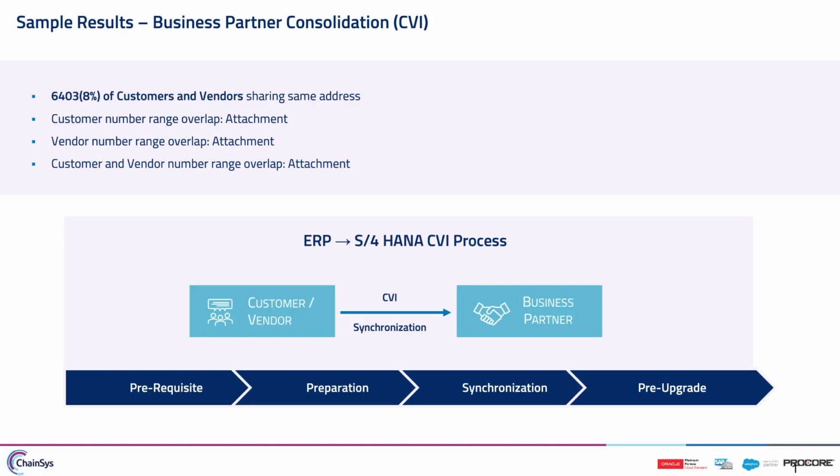While giving this recommendation, the business partner consolidation will consider the number ranges. Different account groups, such as sold-to party and ship-to party, may have different number ranges. Similarly for vendors, recommendations will be provided for consolidating customers and vendors. This is also part of the data assessment.